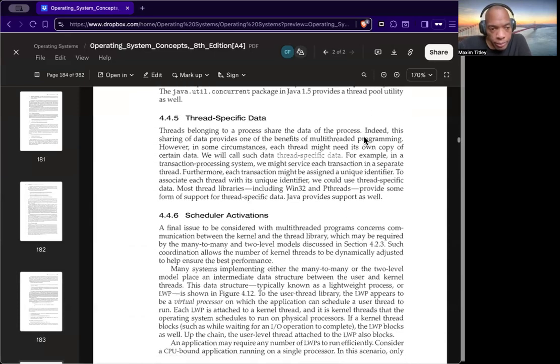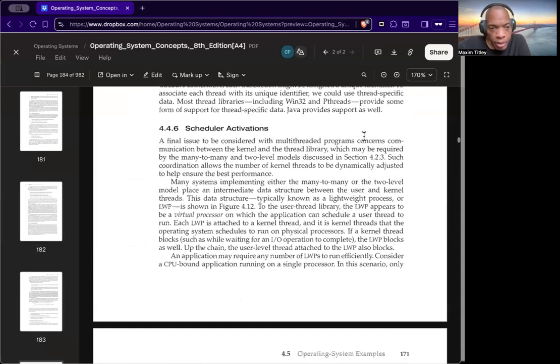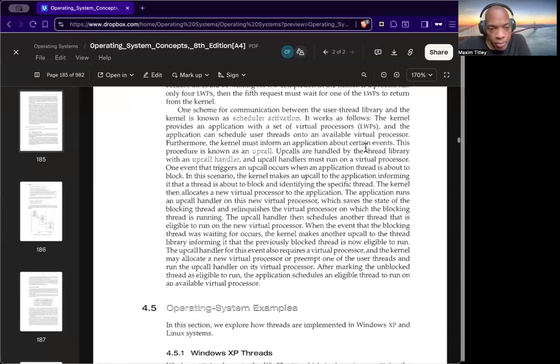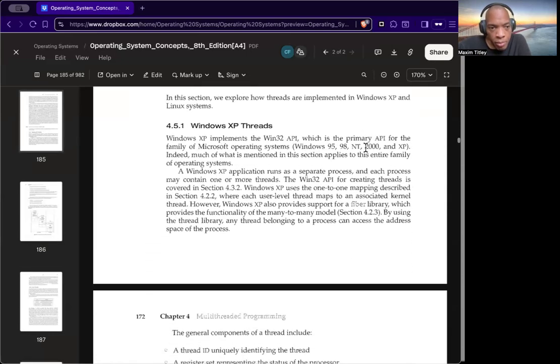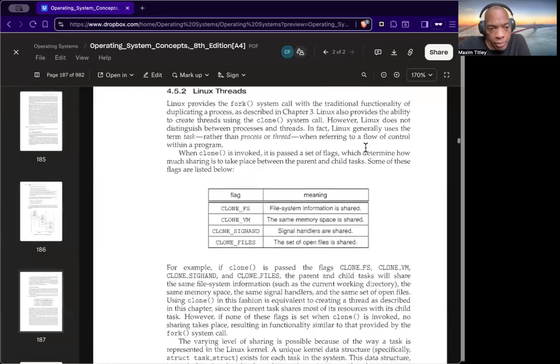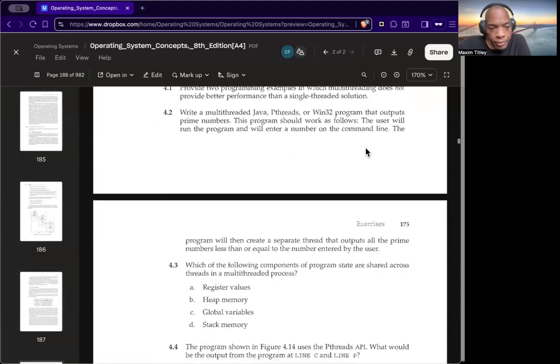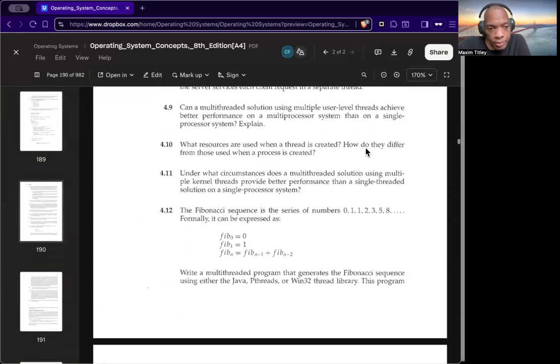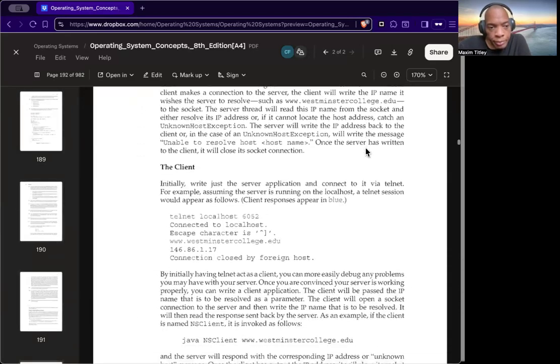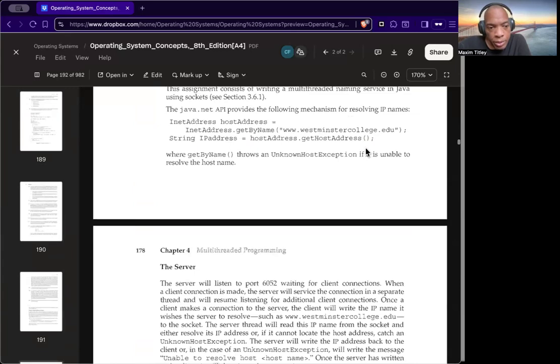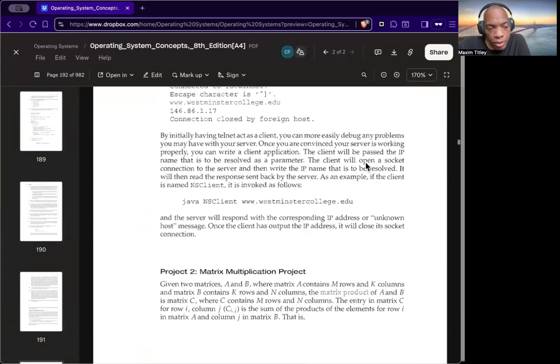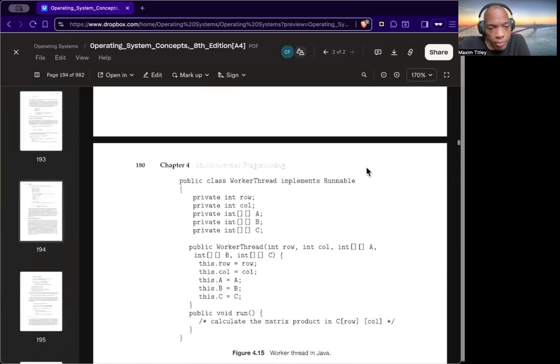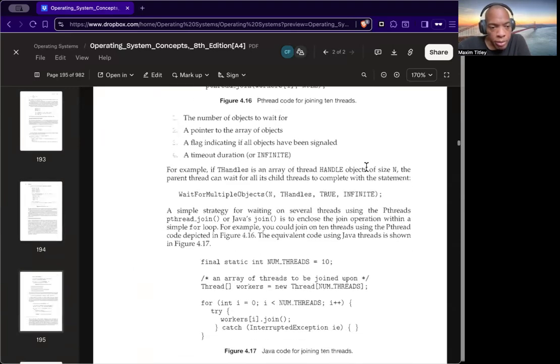Moving further down, this brings us to another subject altogether.